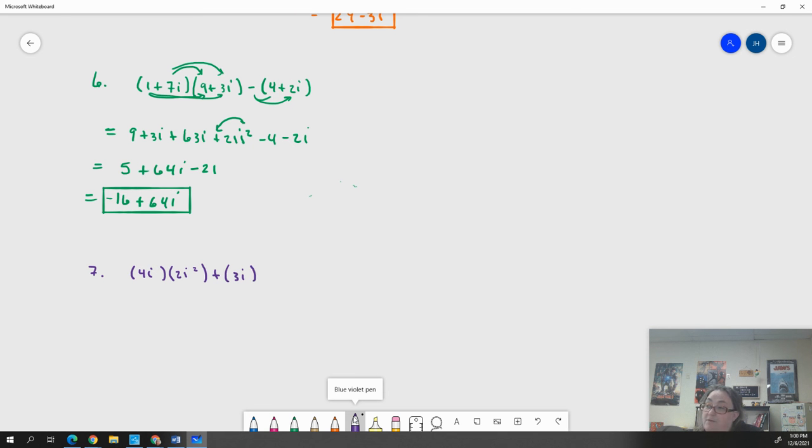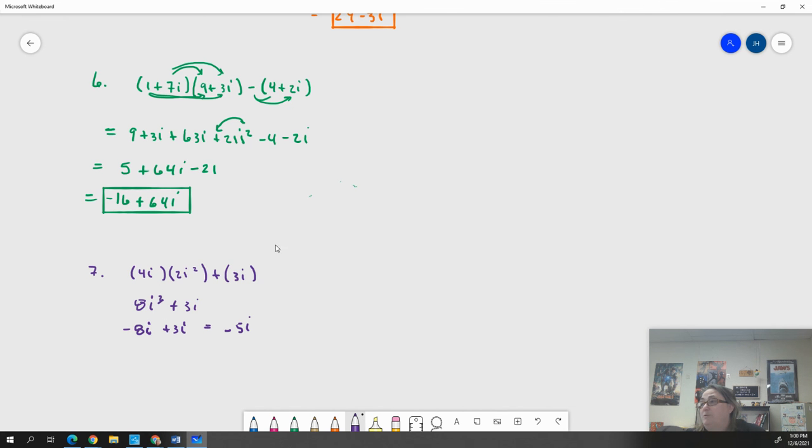And then you'd have to go, okay, well, this is going to give me 8i cubed plus 3i. And if you think about 8i cubed, 8i squared would be negative 8, so negative 8i plus 3i. And then we could just add those together and get negative 5i. So you got to play with it a little bit.